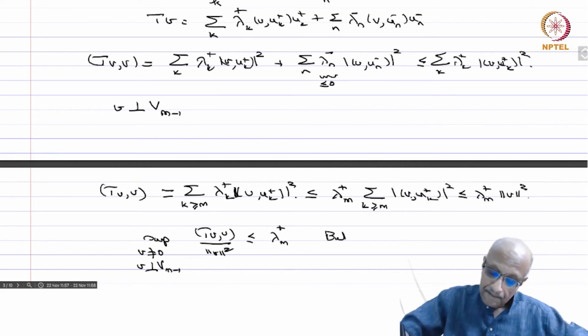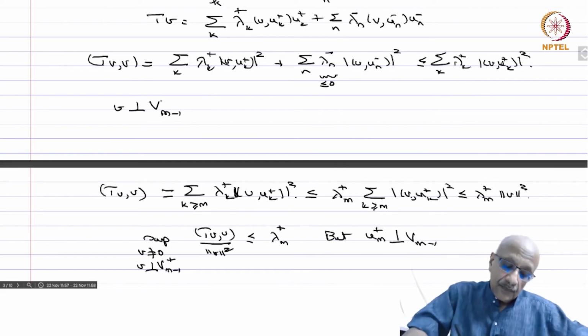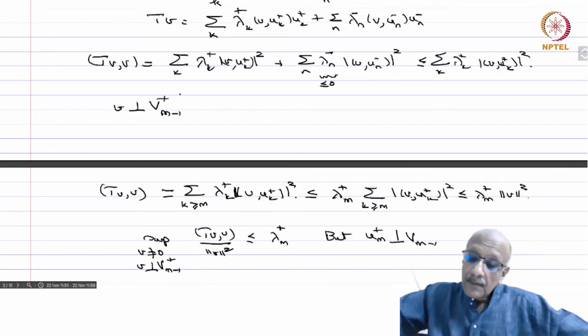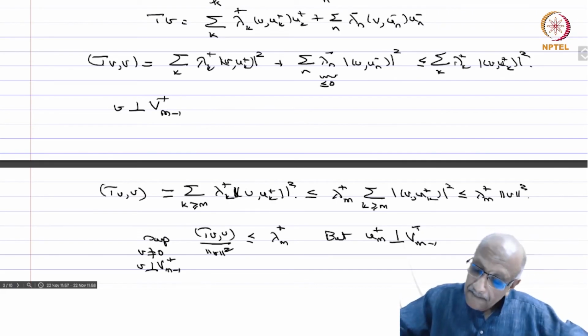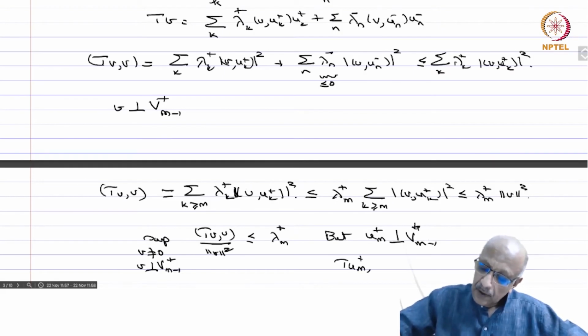But u_m^+ is also orthogonal to v_{m-1}^+, and we have (T u_m^+, u_m^+) by norm square is equal to lambda_m^+ by 1, and therefore that is equal to lambda_m^+.